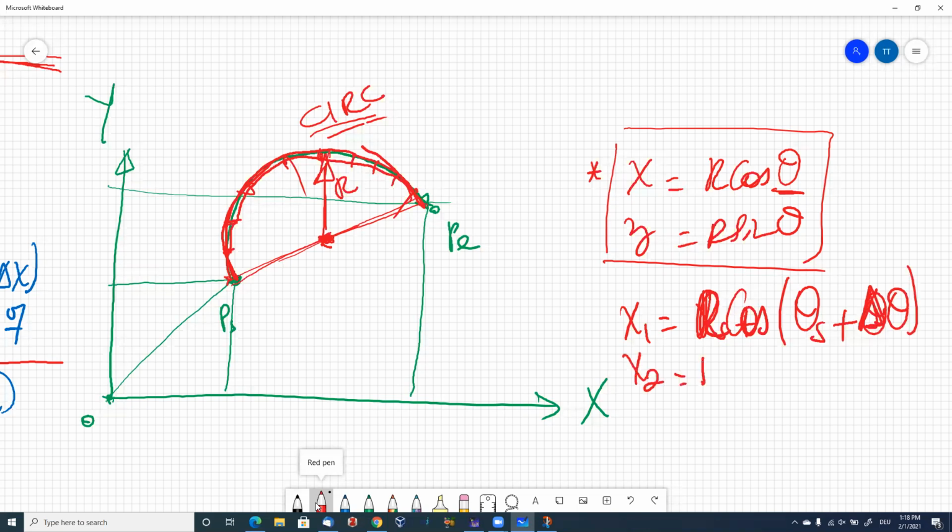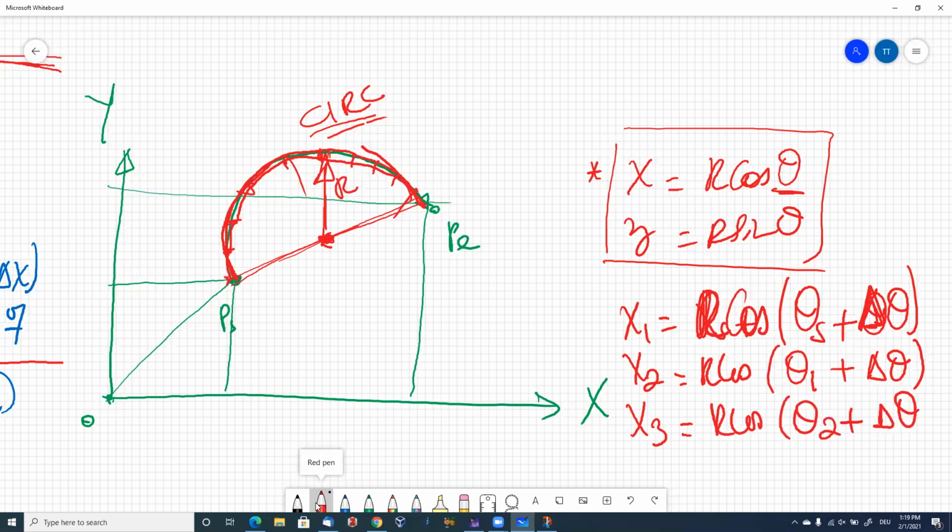Then x2 equals r cos theta 1 plus delta theta. x3 equals r cos theta 2 plus delta theta. This can finally be written as xn equals r cos theta of n minus 1 plus delta theta.